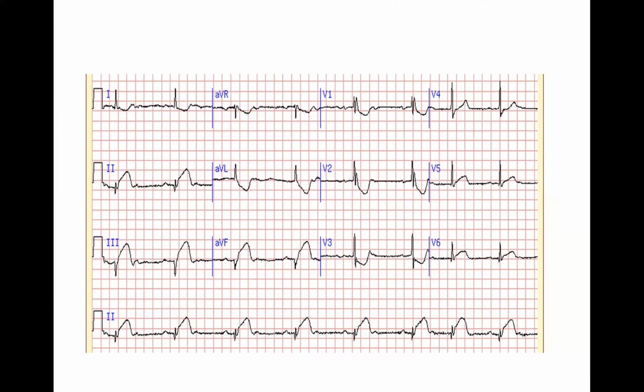So my diagnosis is inferior STEMI. No, this is a paced rhythm. Paced rhythm. Yes, please. The right bundle branch block. But excuse me.